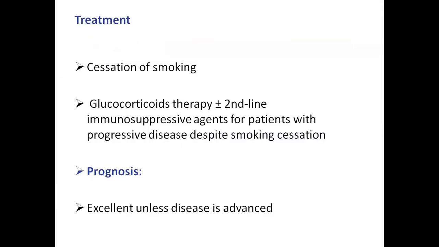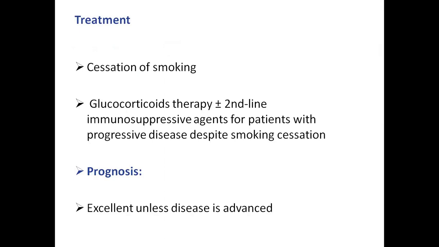Discussing the treatment and prognosis, the prognosis of RB is quite excellent, and the treatment is mainly cessation of smoking. Once the person quits smoking, the pigmented macrophages take a minimum of 9 years and a maximum of up to 32 years to completely clear the respiratory bronchioles or alveoli. That is why the presence of these macrophages can indicate that the patient was a former smoker.